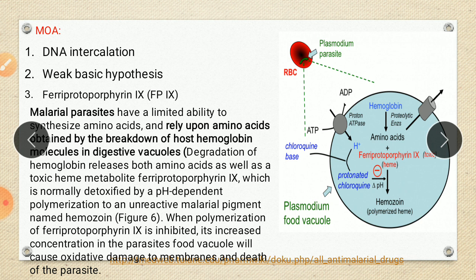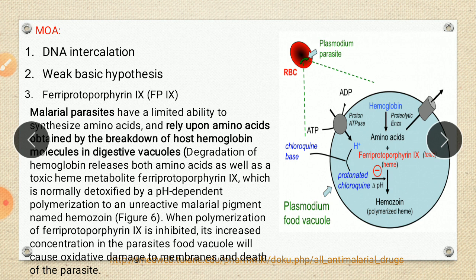So the malarial parasite digests the hemoglobin of the human being to produce amino acids, and one product is also produced, FP9, ferriprotoporphyrin 9. This FP9 is very toxic to the parasite, but it is converted into hemozoin by the polymerization enzyme.